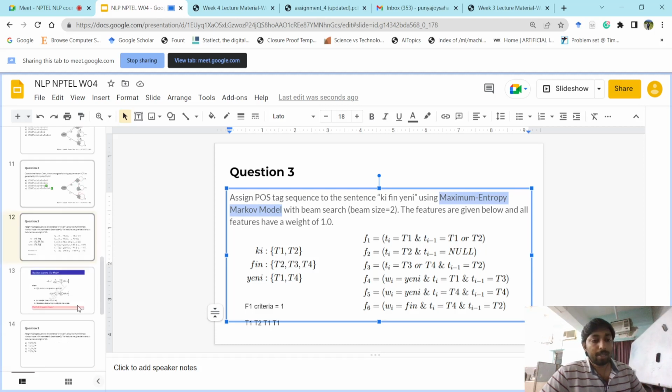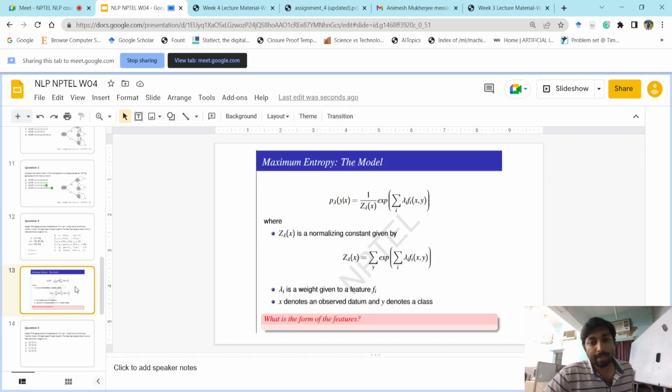So what it says essentially, not going into much detail about what exactly this is: P of y given x is given as 1 by Z of x into e to the power summation of this value, where Zx is essentially a normalizing constant.